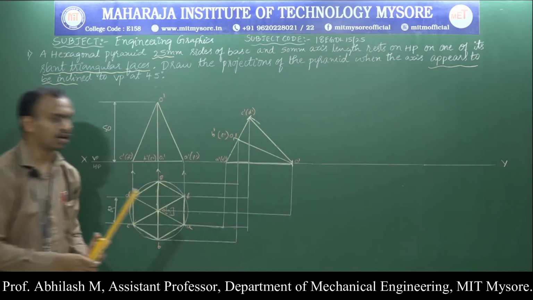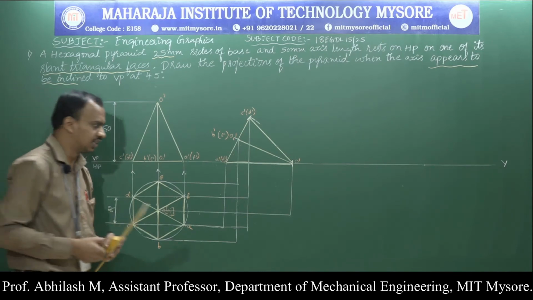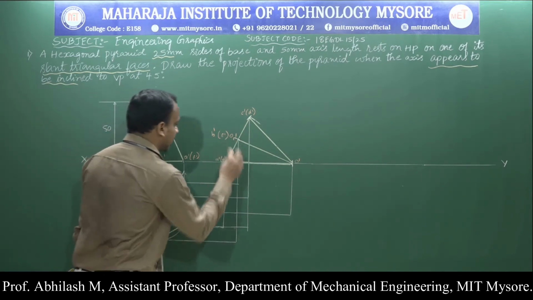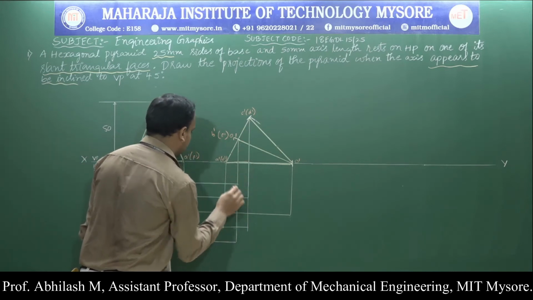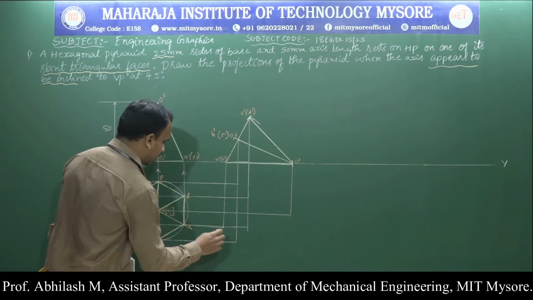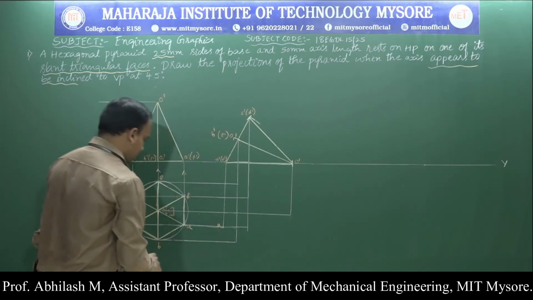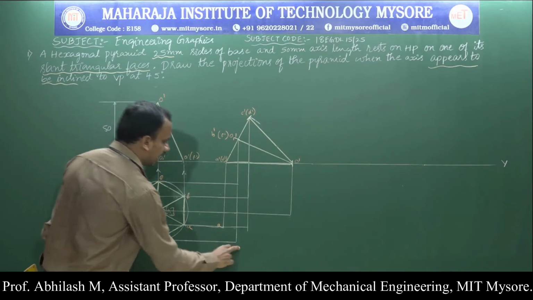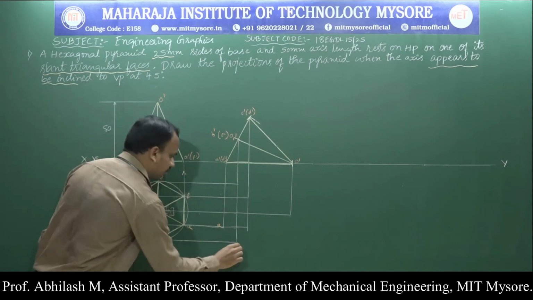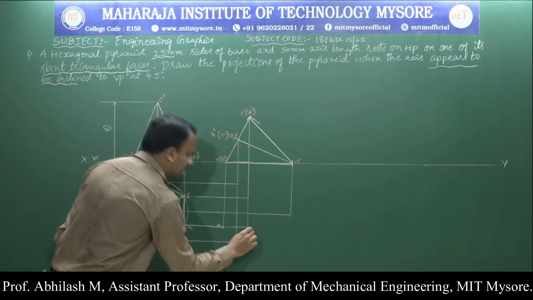Before the completion, we are supposed to name it, it becomes very essential for us. So it is E and E'. We will begin with A itself. A is here and A' is here. Similarly, my B is here and B' is here. It becomes my point B. C is here.